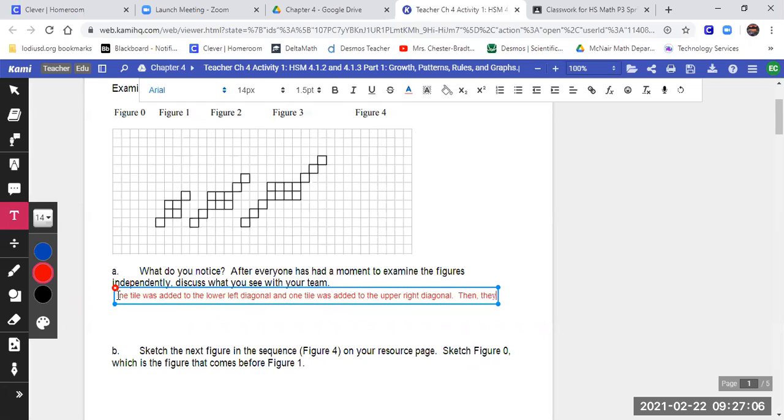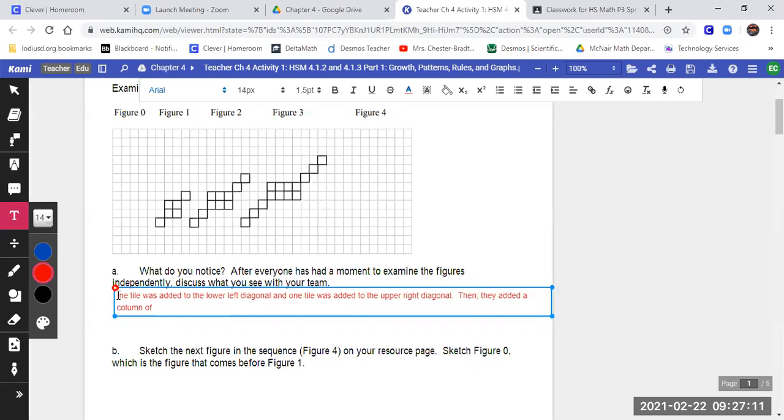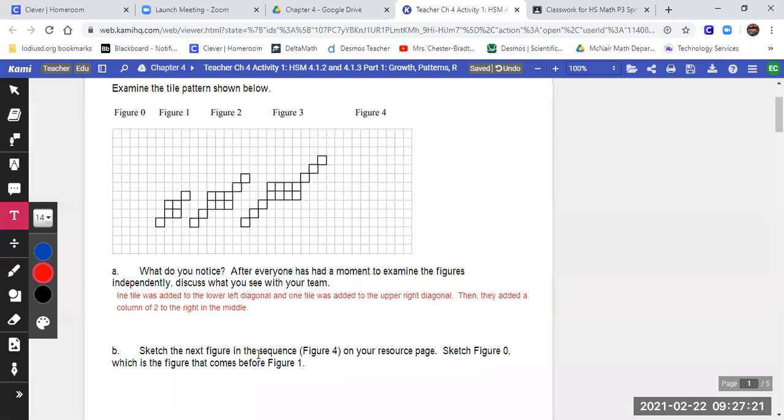Then they added a column of 2 to the right in the middle, right? Isn't that what they did?